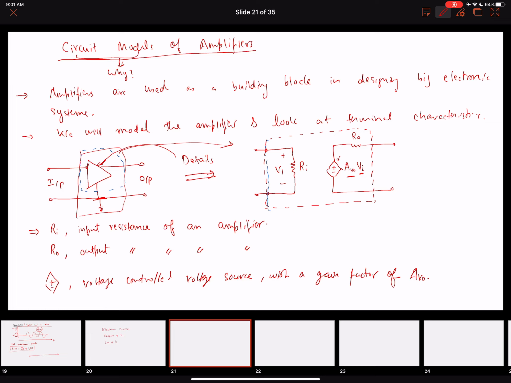And then what else is inside the amplifier? Since it is going to amplify the signal, there should be a gain. So this is a voltage controlled voltage source in the amplifier, which indicates that it is being controlled by the input voltage Vi, and it is going to amplify the signal with a gain factor of AV naught, and R naught is the output resistance of that amplifier.